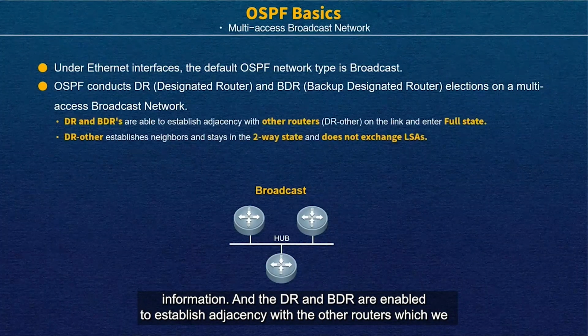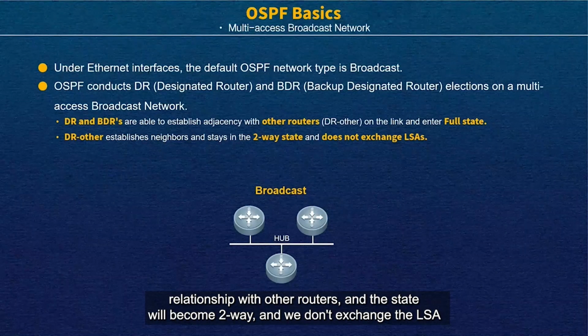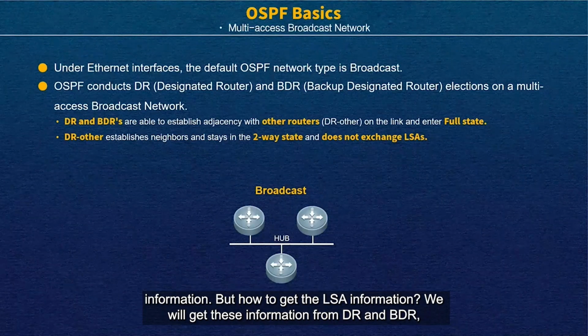The DR and BDR establish adjacency with the other routers, which we call DROther, and the state will become full. The DROthers only establish the neighbor relationship with the other DROther routers, and the state will become two-way. And we don't exchange the LSA information. But how do we get the LSA information? We will get this information from the DR and BDR.